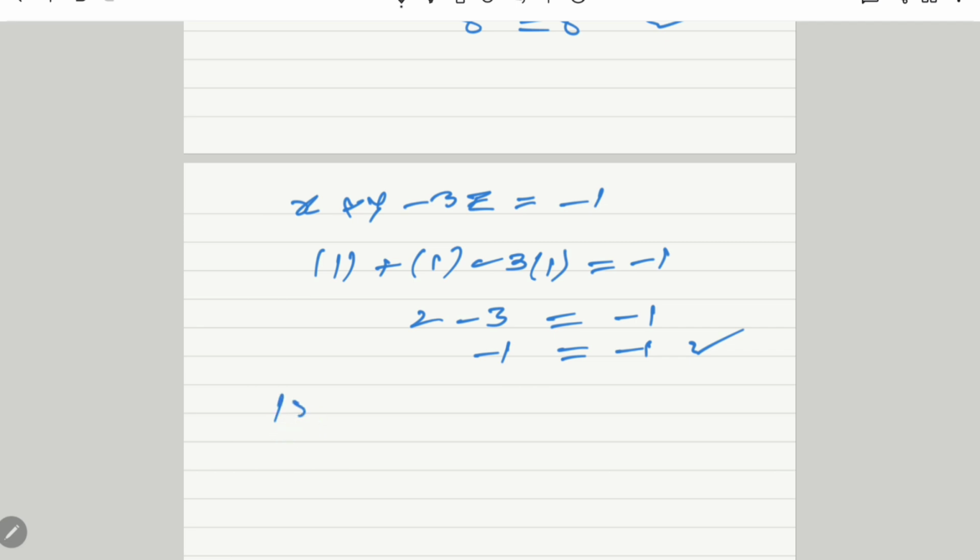Then we go for the third equation. Third equation is 15x minus 3y plus 9z is equals to 21.